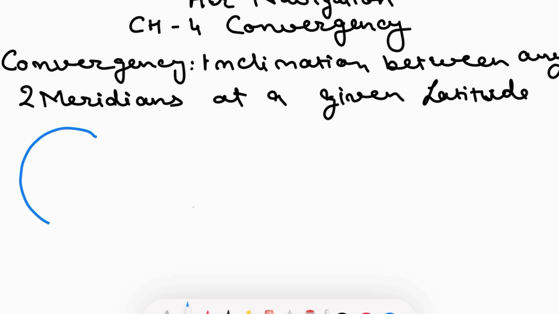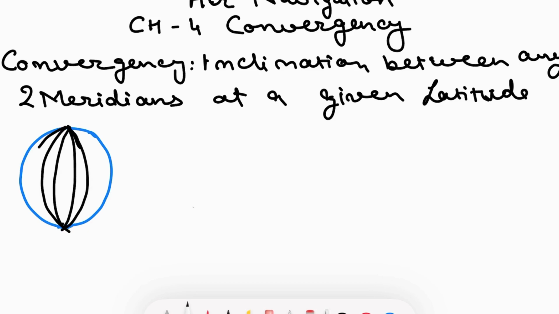So if we imagine this as an earth, the vertical lines are the longitudes, which are also known as the meridians, right? And the horizontal lines are the latitudes.